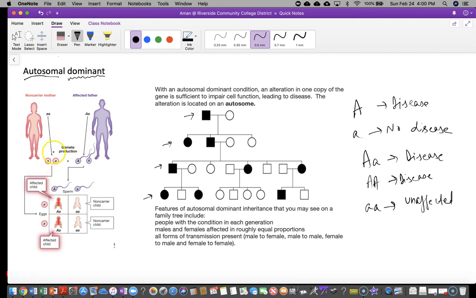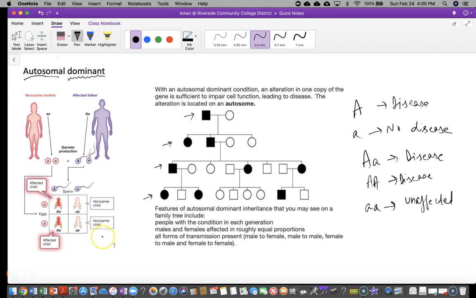So then we show the possible gametes, and then we show the possible combinations, and we made capital A, small a, capital A, small a. What you can notice here is capital A, small a, both are affected kids. They are going to have the disease. But when it comes to small a, small a, you can see these are absolutely normal kids and they are not even carriers. Okay, all right, so that was autosomal dominant for you guys.